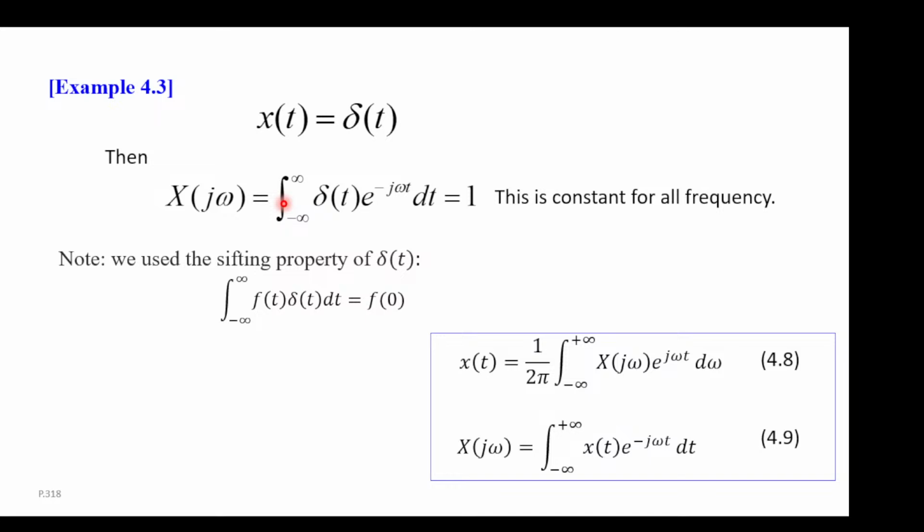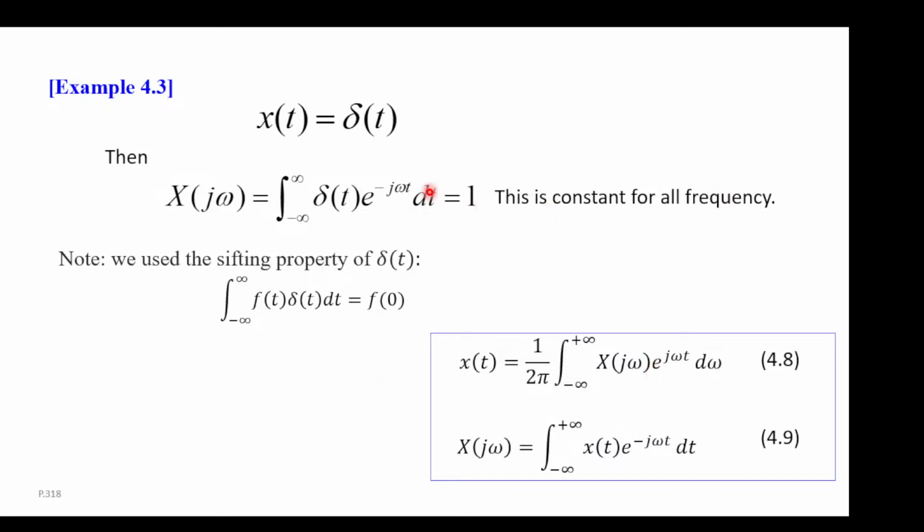We find that we can do this integration because the delta function has this nice shifting property: if you take f of t times delta of t and integrate, you just pick out f of 0. And f here is e to the minus j omega t, so you just have e to the minus j omega 0, which is equal to 1. So big X is this constant function.